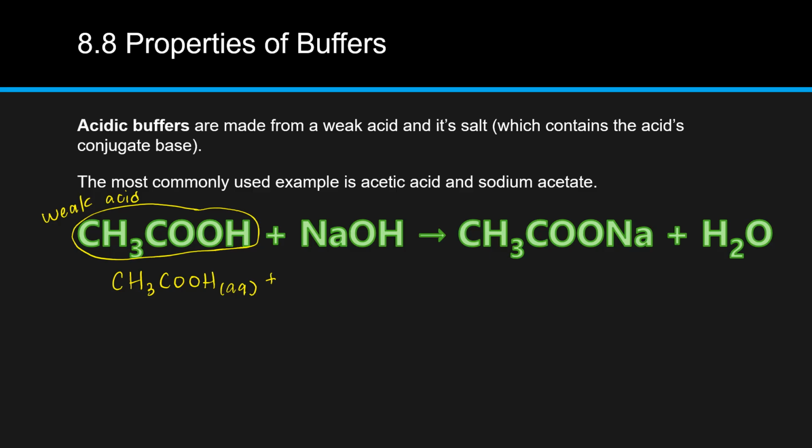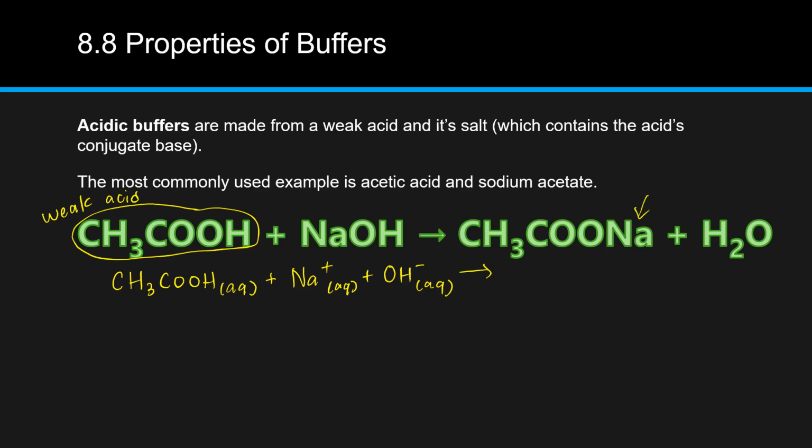So if we were writing the complete ionic equation, we would have Na plus and OH minus. Then we have sodium acetate. And sodium acetate is an ionic salt, which is dissolvable in water, and you should know that because it has sodium in it.